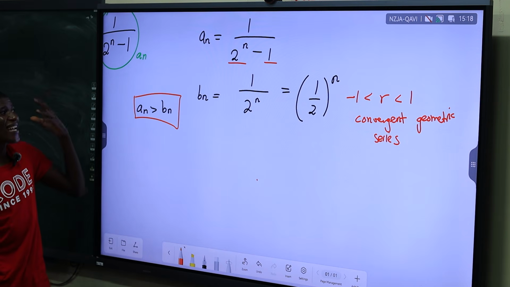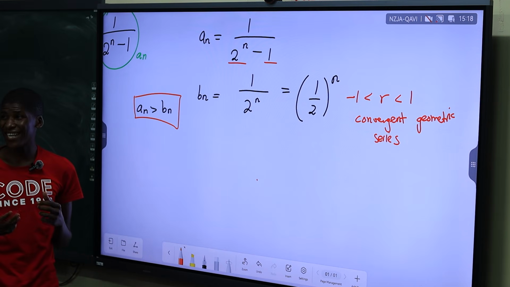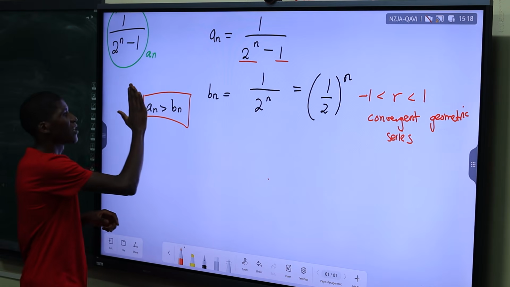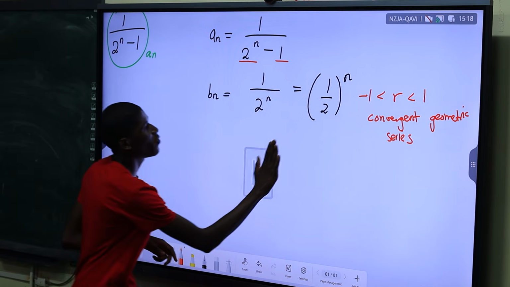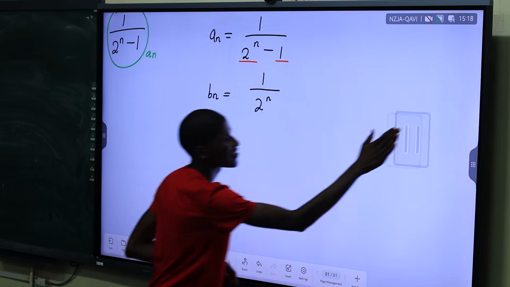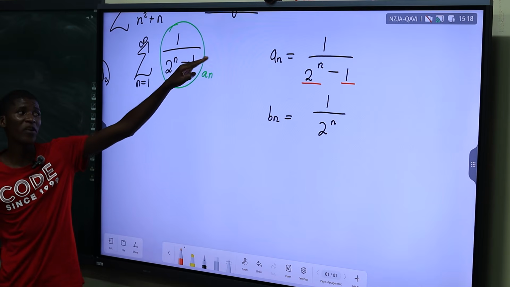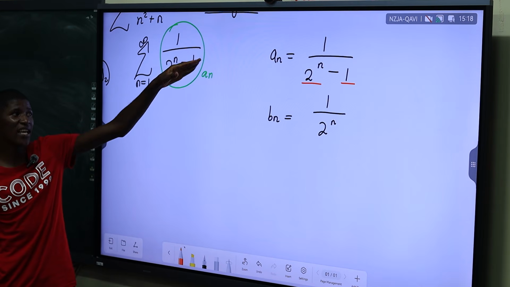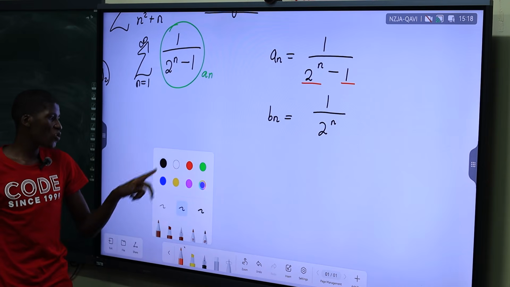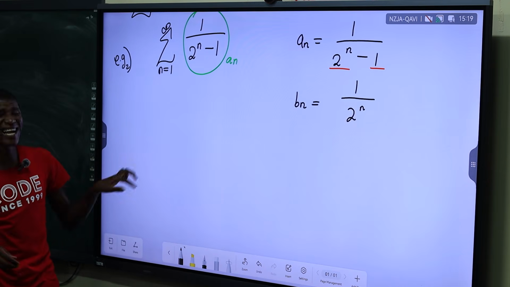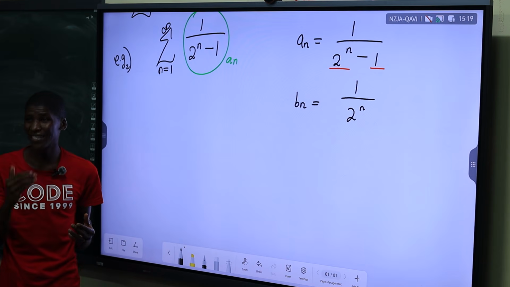But there is another version of the comparison test that makes it easier when you are having a contrast. It will still require having an and bn. So since we have an and bn, we've got another version of the comparison test, the limit comparison test.